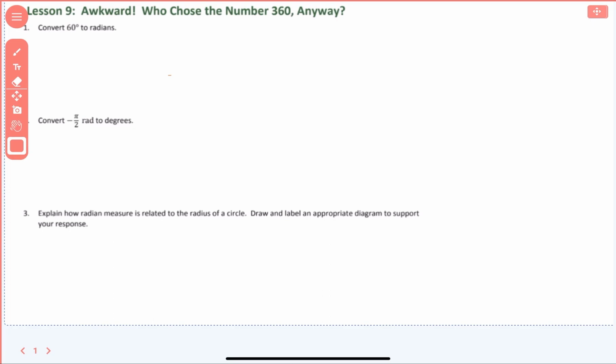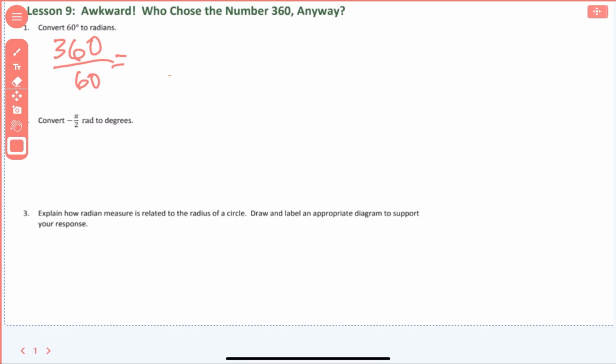For number 1, this is to convert 60 degrees to radians. I'm going to show you the absolute simplest way, the steps to do this. All you have to do is take the degrees that we have there, which is 60, and we're going to say 360 divided by 60.